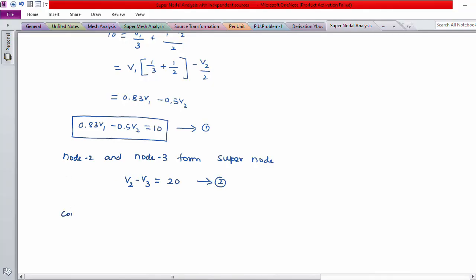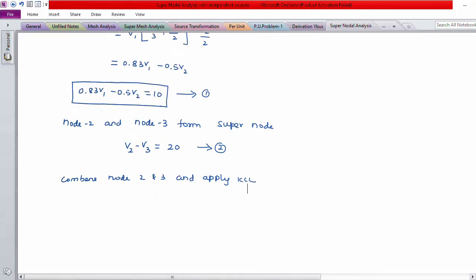Now combine node 2 and 3 and apply KCL. So now combinedly we have to apply the KCL for node 2 and node 3. Is there any current source connected at node 2 and node 3?